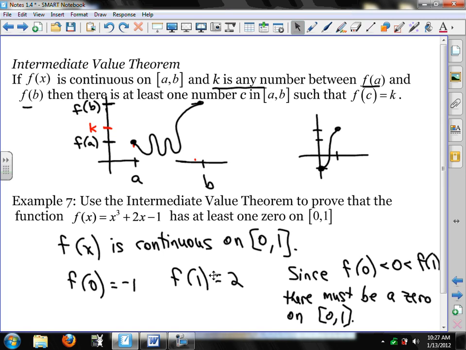Basically, the y value we're looking for, in this case 0, needs to be in between the two y values when you plug in the endpoints of the interval. Plug in 0, plug in 1. 0 is in between there. I have a continuous function for the intermediate value theorem. So we have a 0 on it.